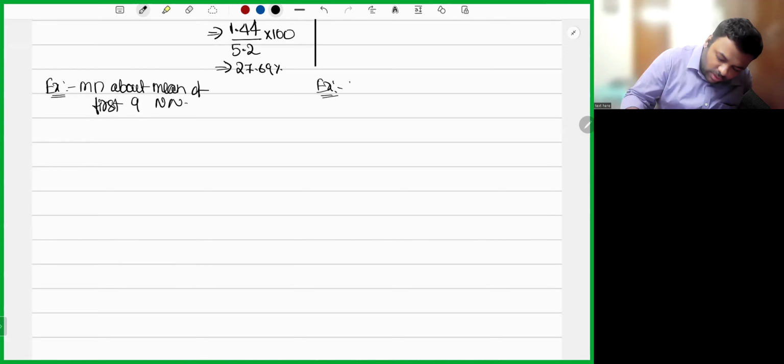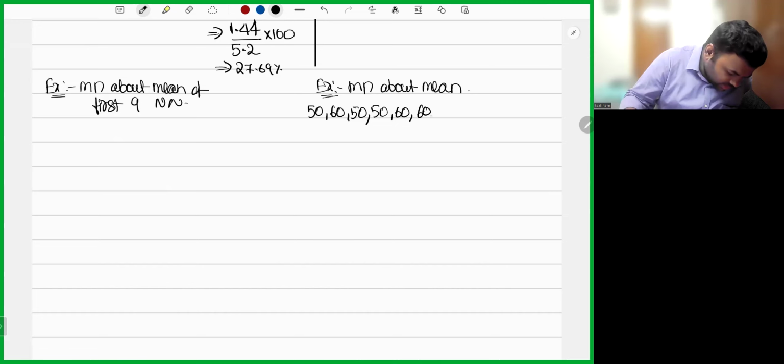Example: mean deviation about mean of 50, 60, 50, 50, 60, 60, 60, 50, 50, 50.